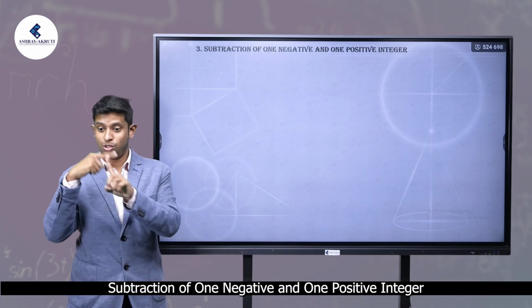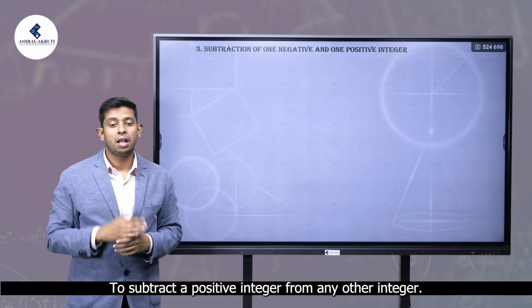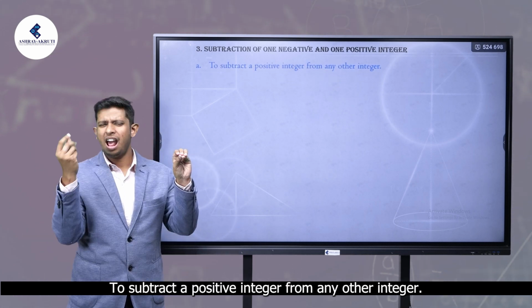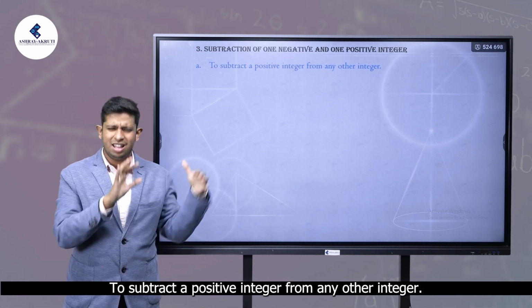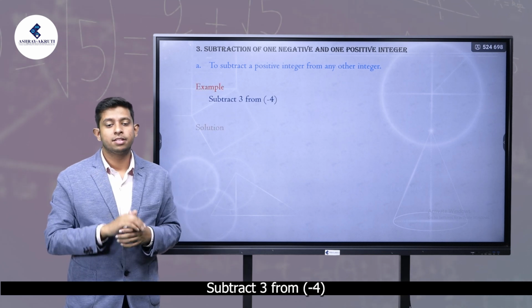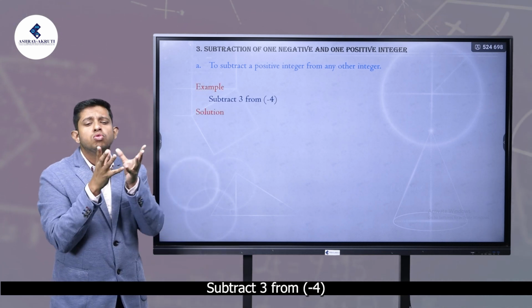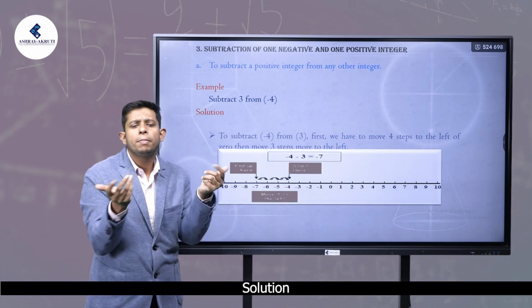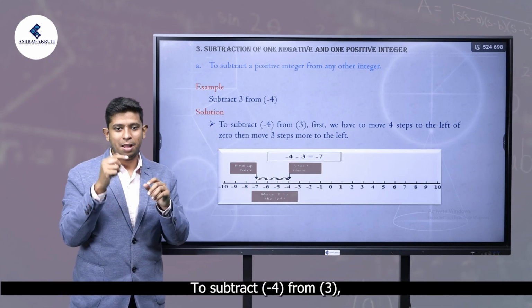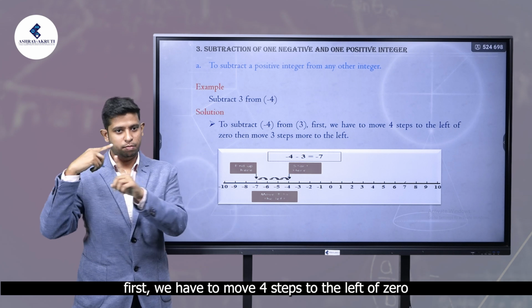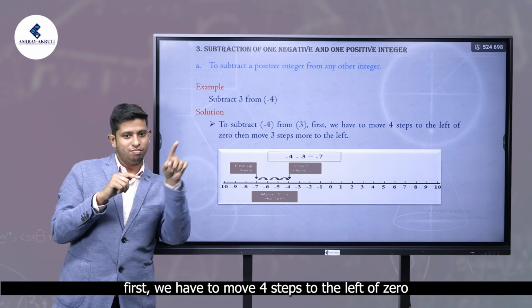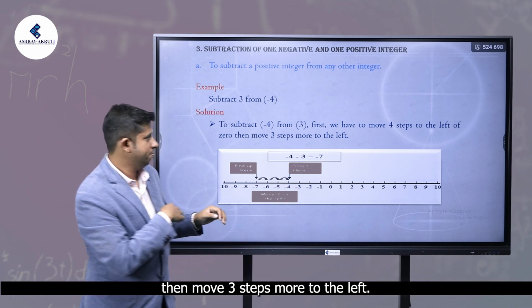Subtraction of one negative and one positive integer. To subtract a positive integer from any other integer. Subtract 3 from minus 4. Solution. To subtract 3 from minus 4, first we have to move 4 steps to the left of 0, then move 3 steps more to the left.